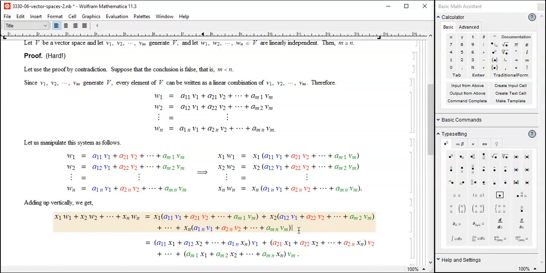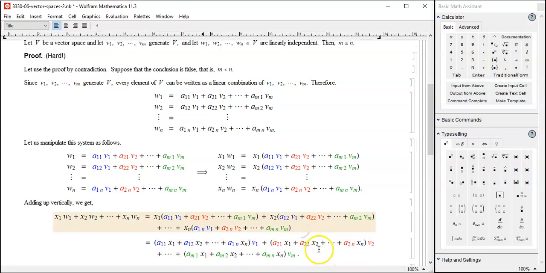And now, let's rearrange all this addition and a little bit of multiplication, because multiplications are distributive and additions are associative and commutative, so we can rearrange accordingly with respect to all those coefficients of V1 with all those blue together, and then V2 and all those red together, and so on and so forth, Vm with all those green together.